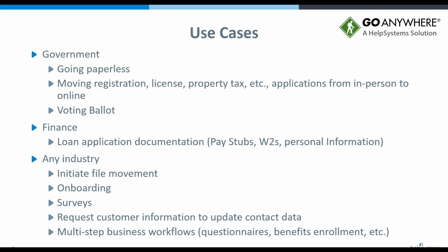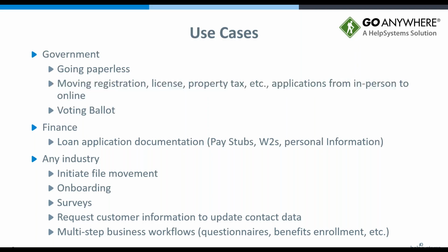So we wanted to talk through a couple of use cases that we've observed from customers, but I think the key takeaway is that between the automation built into the form and the powerful, advanced workflow engine that GoAnywhere has, the use cases are really endless. One thing I wanted to mention is that two major releases ago, in our 6.5 release, we added the capability to have multi-step forms.